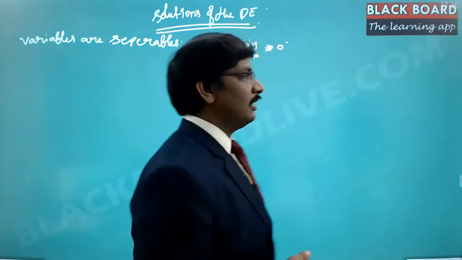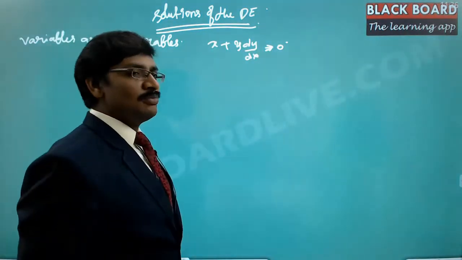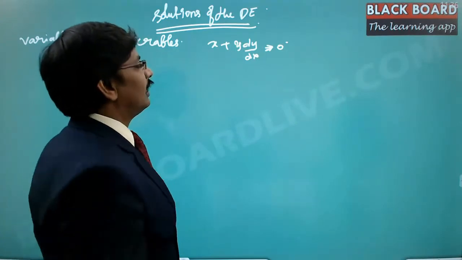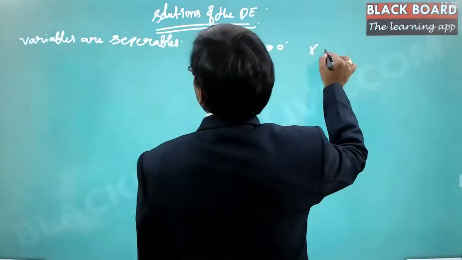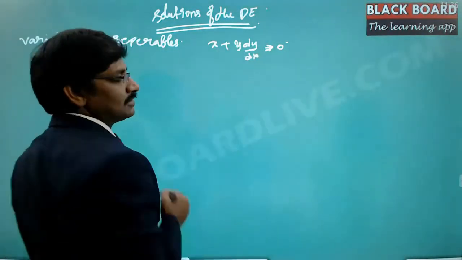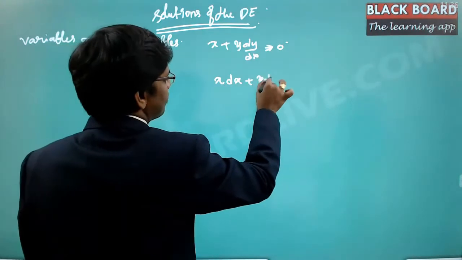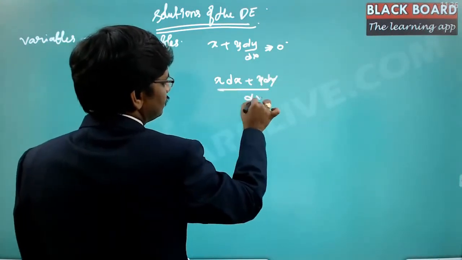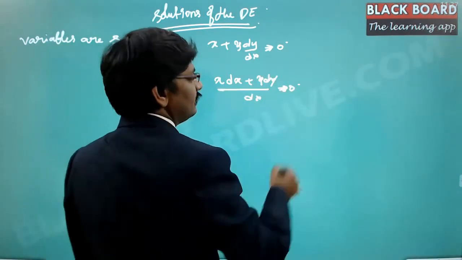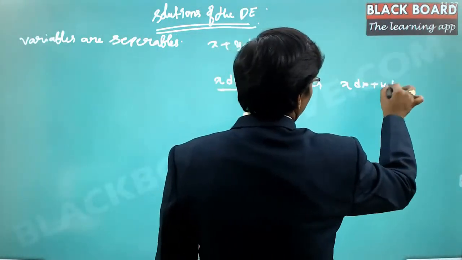So here, by looking at the problem statement x plus y dy by dx, from this we can conclude that this is of the category of variables separable. Why variables separable? Suppose I take this dx and convert this into (x dx plus y dy) whole divided by dx is equal to 0, or this can even be written as x dx plus y dy is equal to 0.